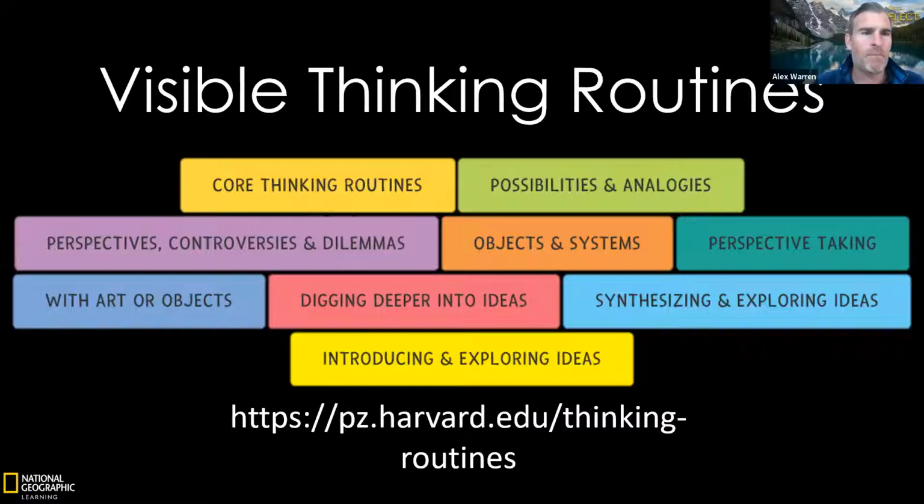So we can see some here: possibilities and analogies, perspectives, controversies, dilemmas, perspective taking, synthesizing, digging deeper, exploring ideas. So they cover a range of areas and what we'll see is thinking dispositions, but not all of them are relatable to English language teaching, but many of them are.